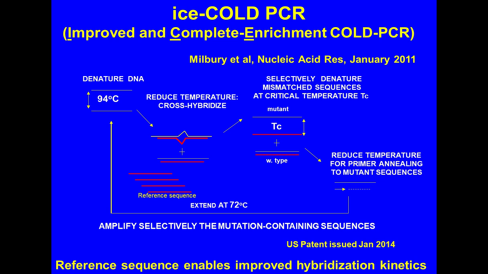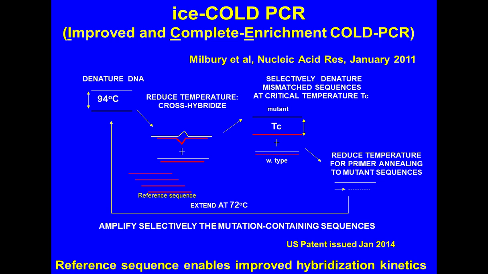So by adding an excess of reference sequence in the solution, we help hybridization and heteroduplex formation at early PCR cycles. And then the process produces an improved and complete enrichment, and that's why we called it ICE COLD-PCR.